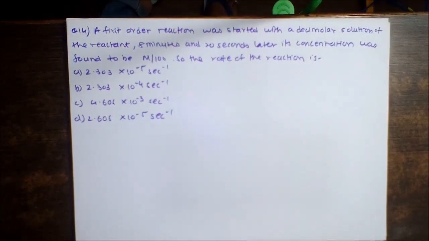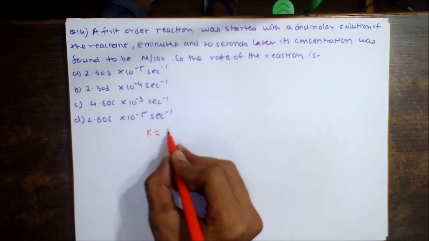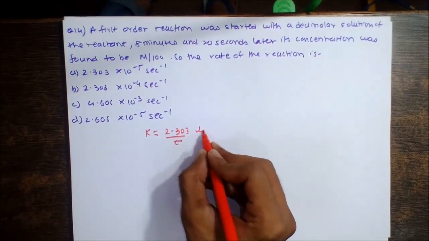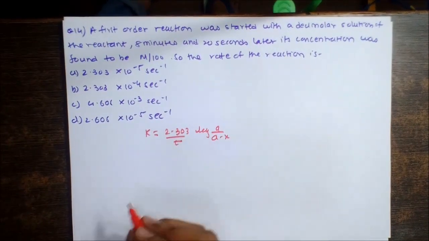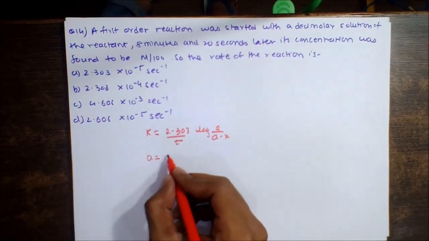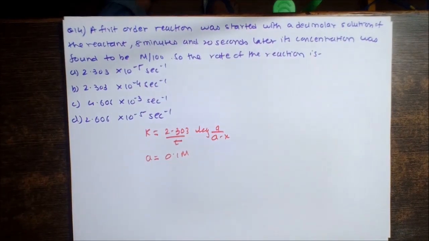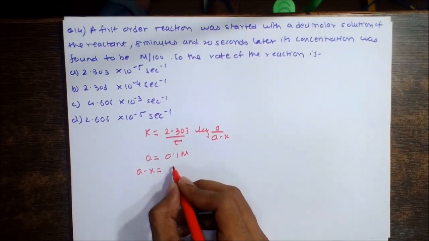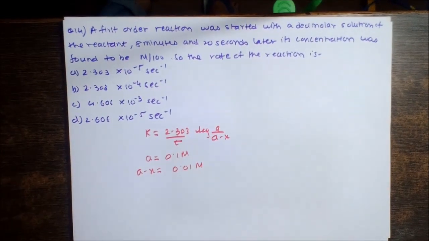Question 14. A first order reaction was started with a decimolar solution of the reactant. 8 minutes and 20 seconds later, its concentration was found to be M upon 100. So the rate constant of the reaction is? Now for a first order reaction, K equals 2.303 upon T log A upon A minus X. Since the initial concentration was decimolar, A would be equal to 0.1 M. The final concentration was M upon 100, so A minus X would be equal to 0.01 molar.